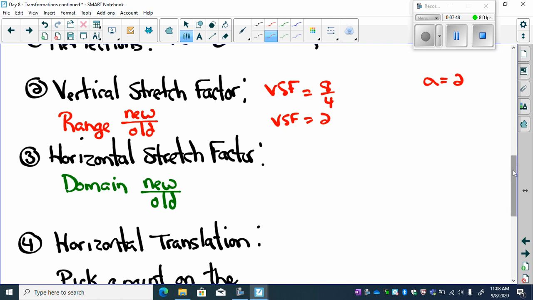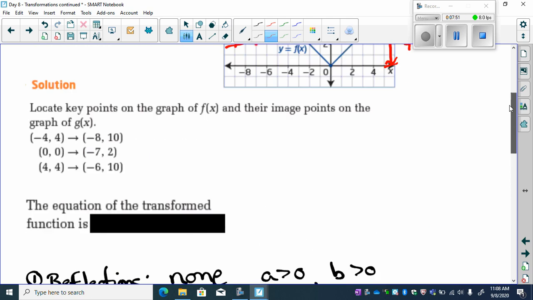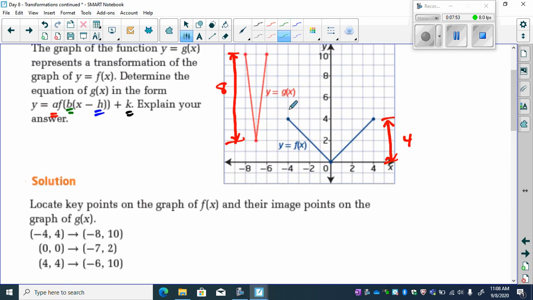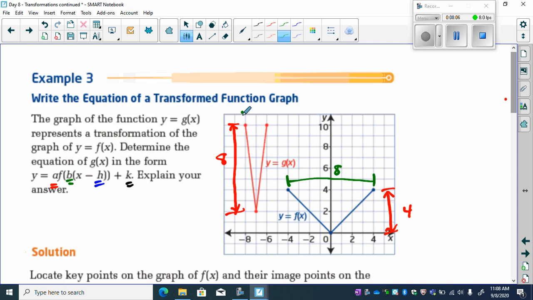Now I'm going to compare the domain. So I'm going to go horizontally here. The domain is from -4 to +4, so that is 8 units. Look at the new domain. It goes from -8 to -6.